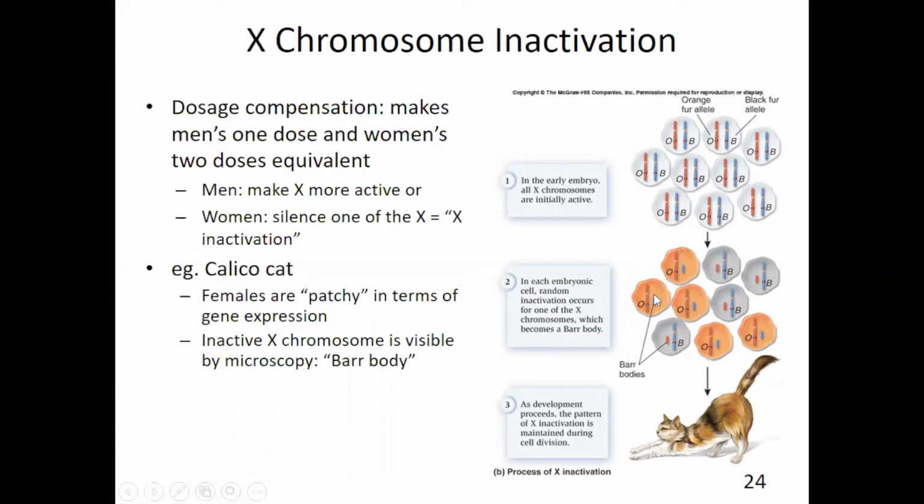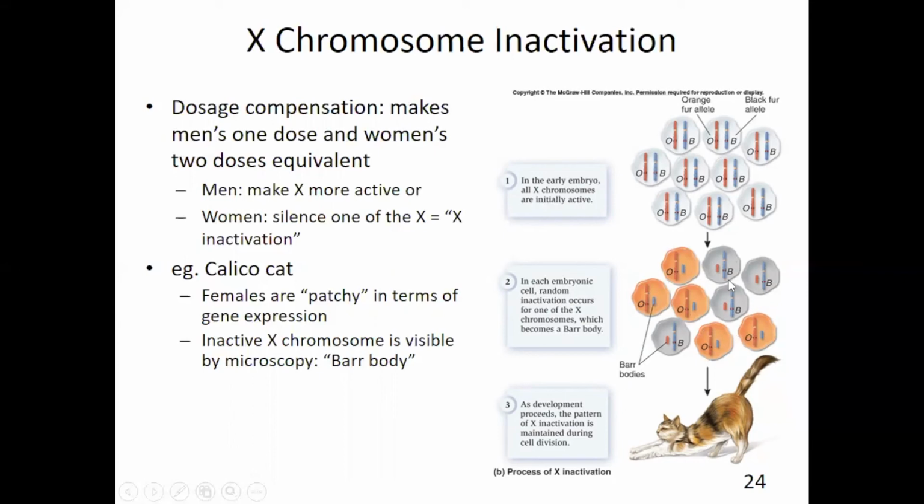So you see in some of these cells, the blue X chromosome was inactivated. We see these bar bodies here, which means the X chromosome that has the allele for orange color fur is the only one that will be expressed.